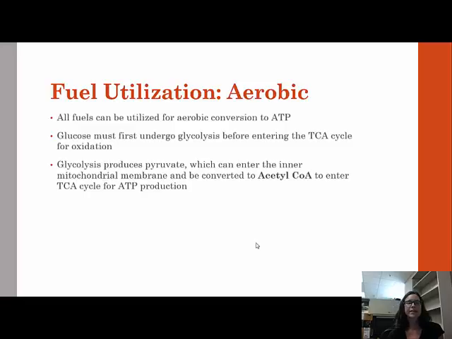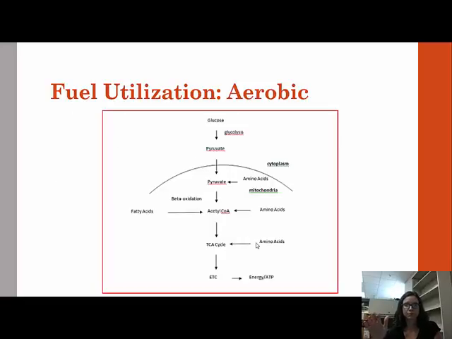Now, acetyl-CoA is very important because this is the common substrate that we need to enter the TCA cycle for ATP production. So here's a pretty rudimentary diagram. Here we have glucose, which again is converted to acetyl-CoA, and we can see that both fatty acids and amino acids can also be converted to acetyl-CoA.